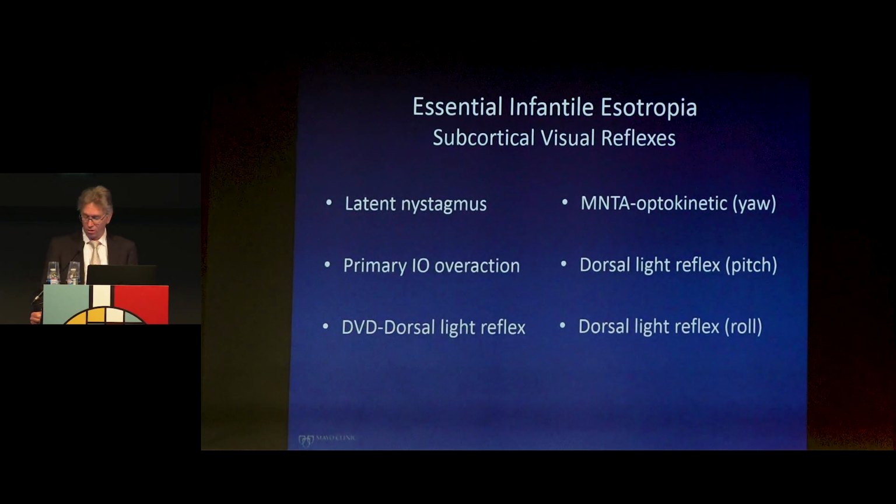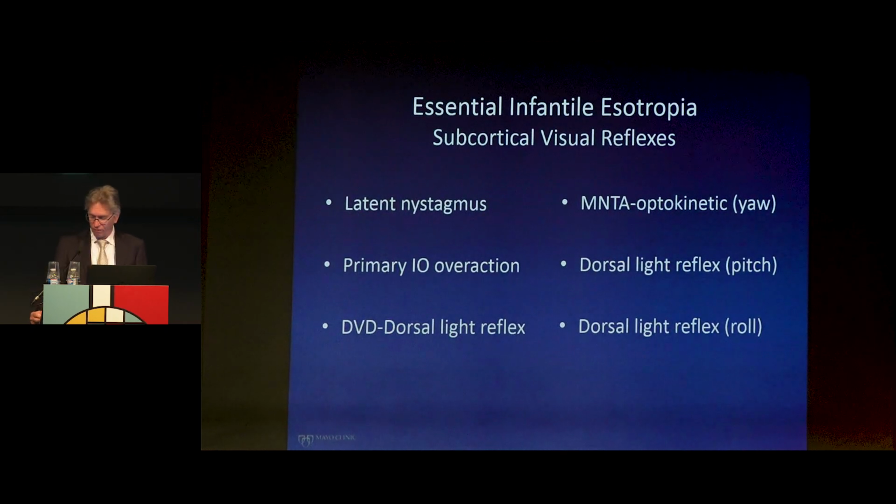And the subcortical anatomic pathways for these movements have been well established. In fact, one of the defining features of infantile esotropia is the persistence of these subcortical visual reflexes that you don't see in other neurologic conditions.